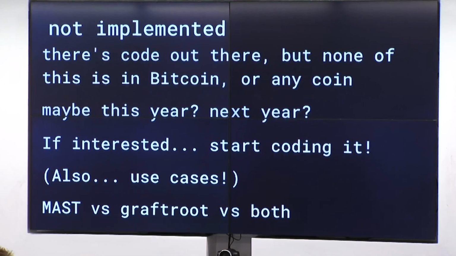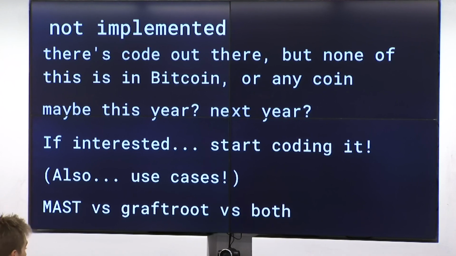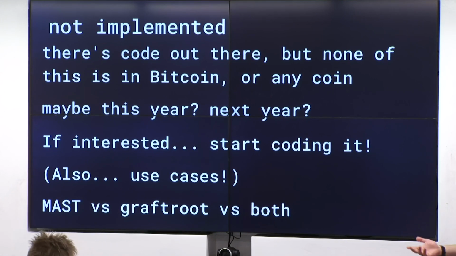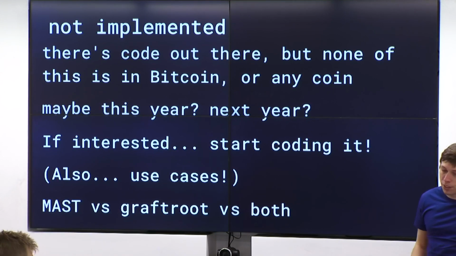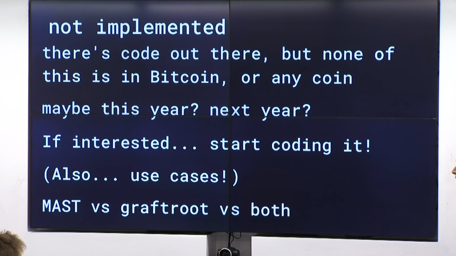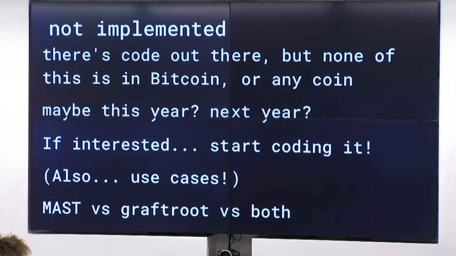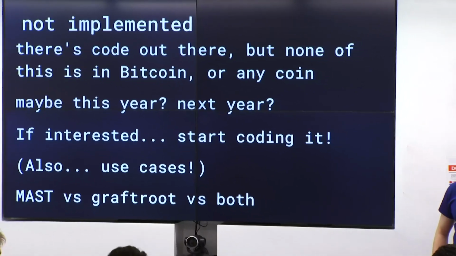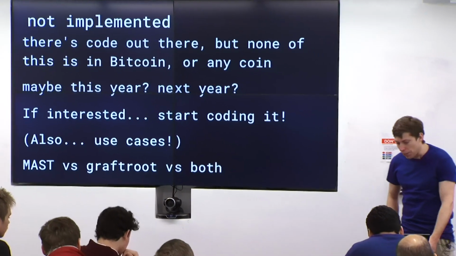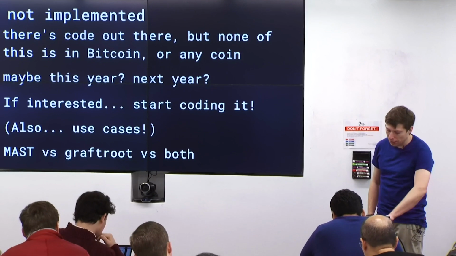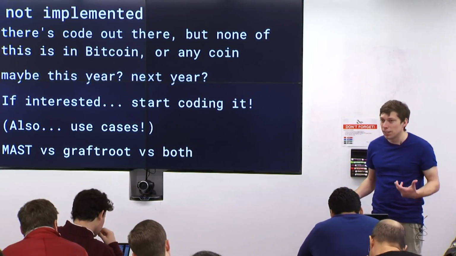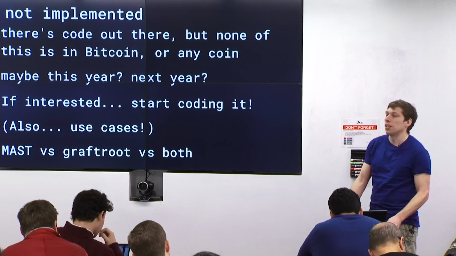The other thing about this is, I don't know, big multisig is one use case. It seems really powerful and like, hey, I can make these millions of different scripts and like Merkle trees of different scripts and Taproot and Graftroot. Not a ton of like really good real world use cases though. I think that would motivate it a lot more, because a lot of the hesitation from people working on Bitcoin is like, okay, this is really cool, but like, what are we going to do with it?